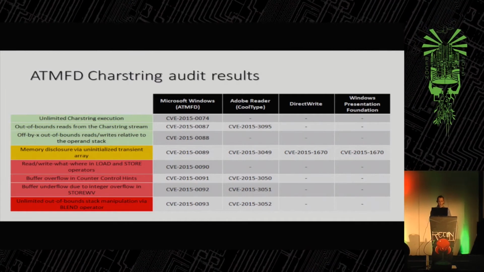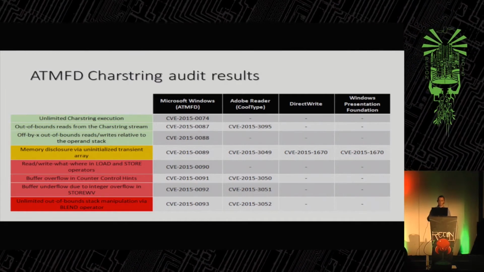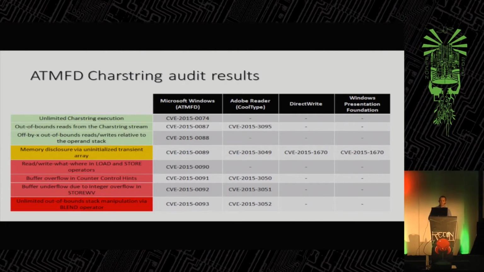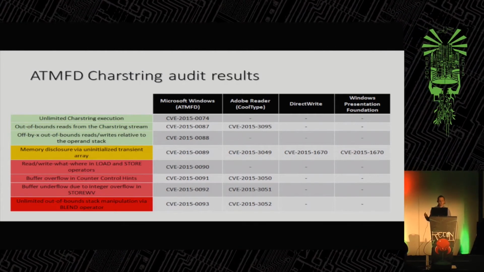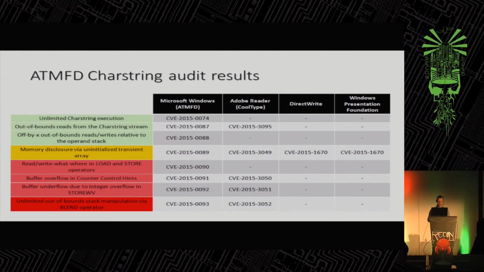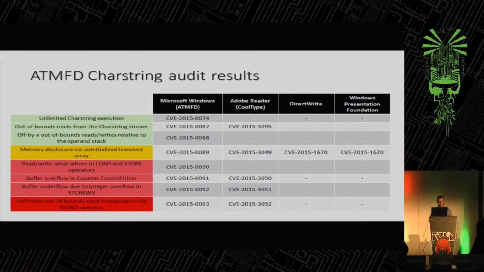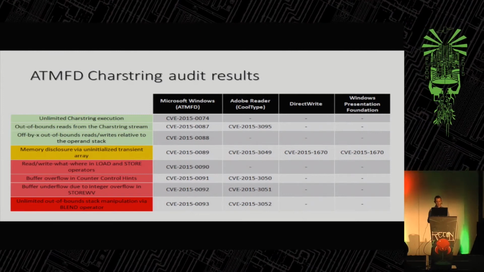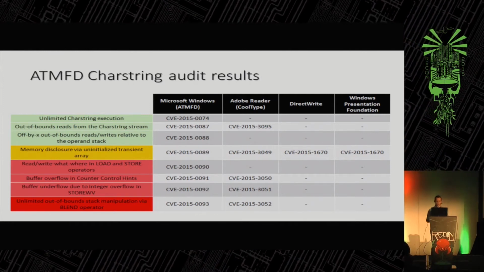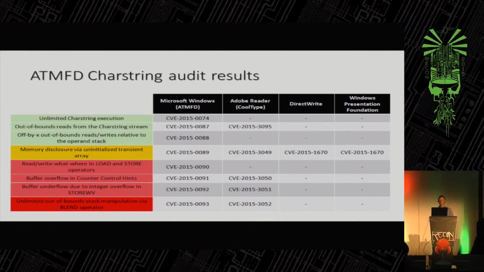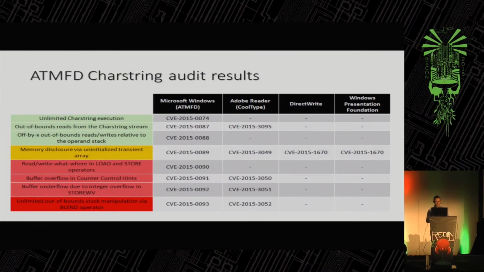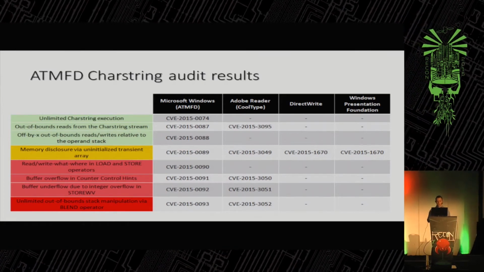So you could use the one bug to actually disclose memory from the heap of Internet Explorer and Adobe Reader and Microsoft Windows kernel. So it's another one bug to rule them all. And there were also quite a few bugs that had high severity, so they could lead to remote code execution or elevation of privileges in the Windows kernel. And the three most important ones were found in both Adobe Reader and the Windows kernel, including the one that I am going to talk about.